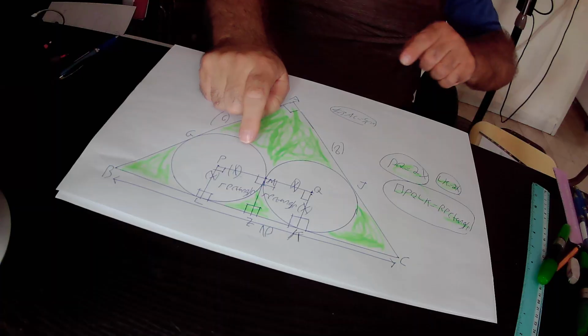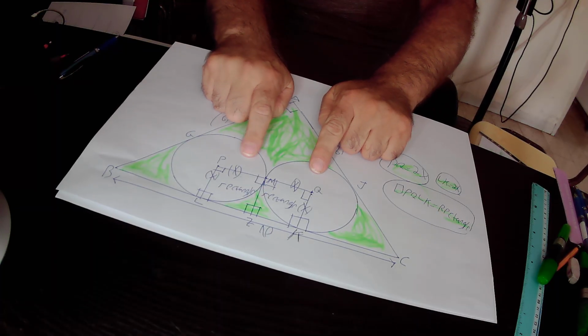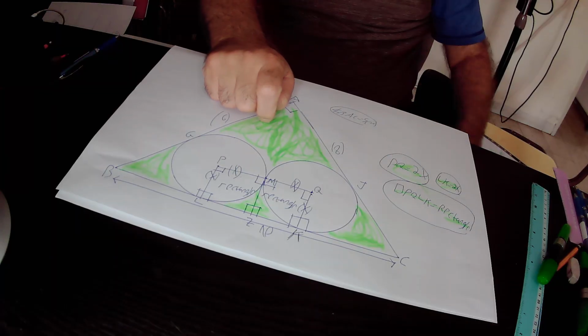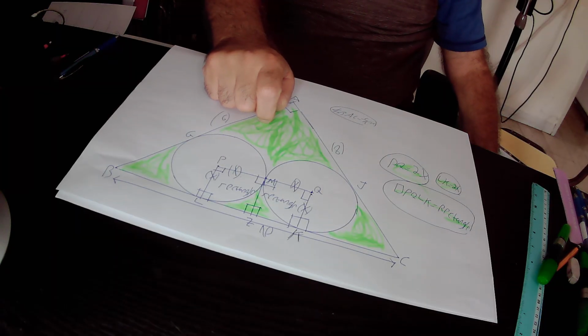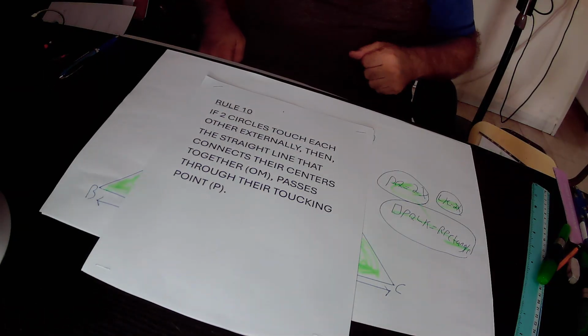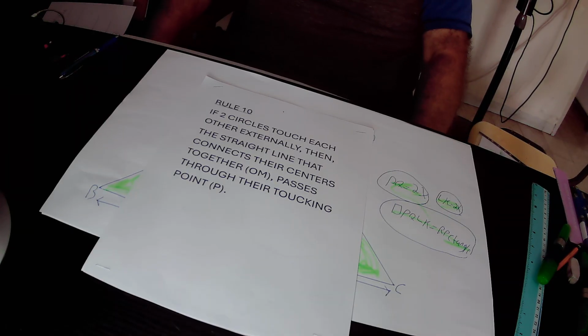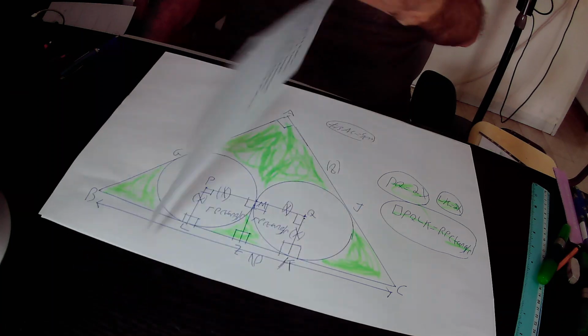Those two circles touch each other externally at point M. So, you can take on rule 10. According to rule 10, if two circles touch each other externally, then the straight line that connects the centers together passes through their touching point.